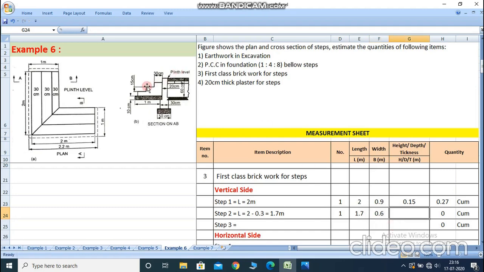And height for this step is given as 15 centimeter. So write, converted into meter, 0.15 meter. So here the total quantity for step 2 vertical side is 0.153. It's a multiplication of all the numbers: length, width and height.